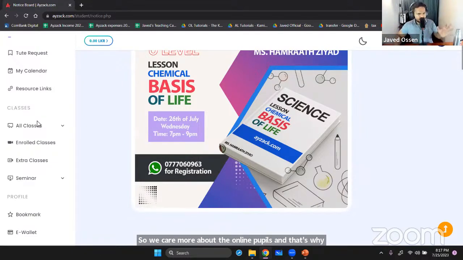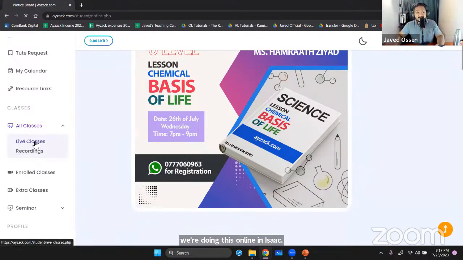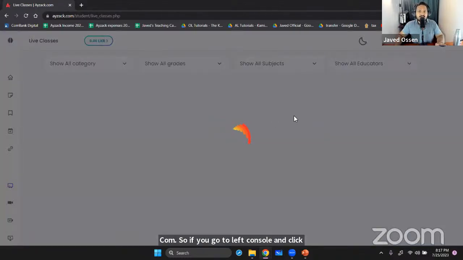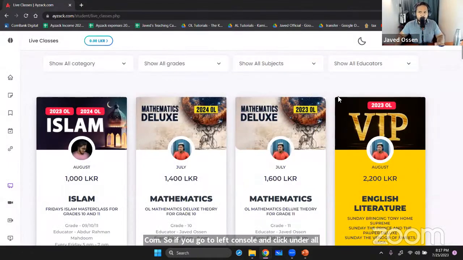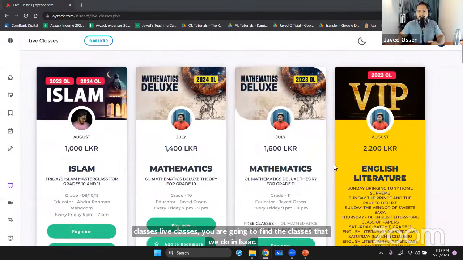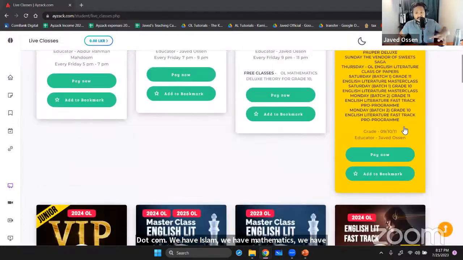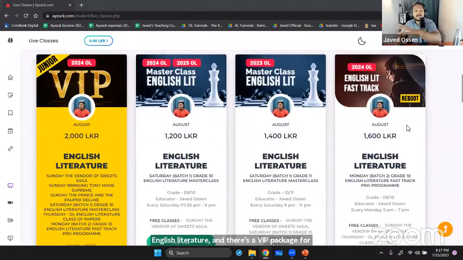So if you go to the left console and click under all classes, live classes, you are going to find the classes that we do in Isaac.com. We have Islam, we have mathematics, we have English literature, and there's a VIP package for English Lit, because we conduct English Lit on many days of the week. For example, there is a class on Saturday.